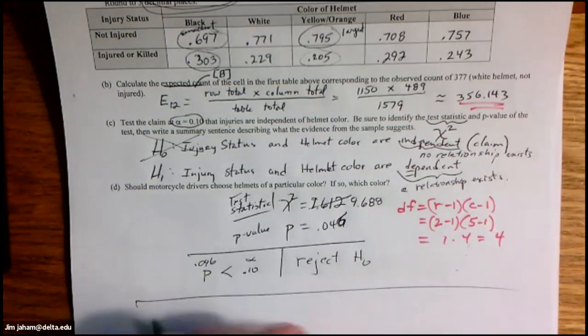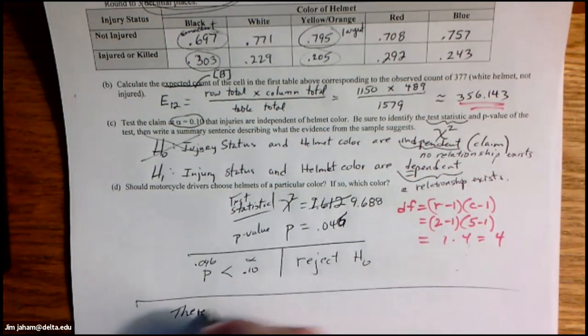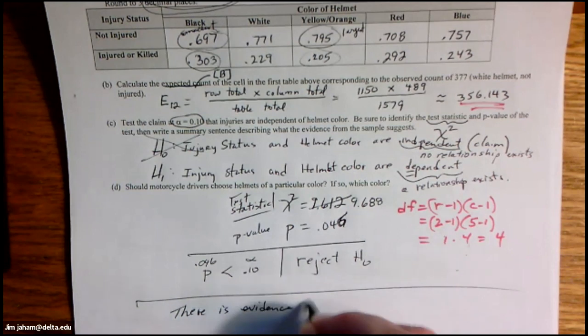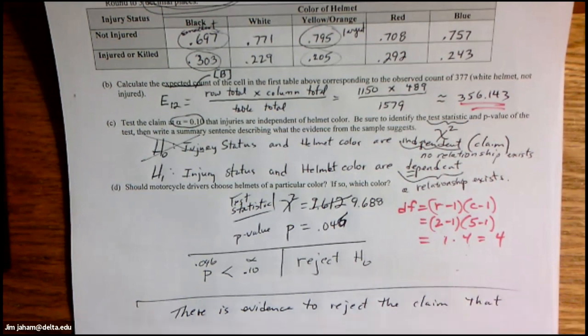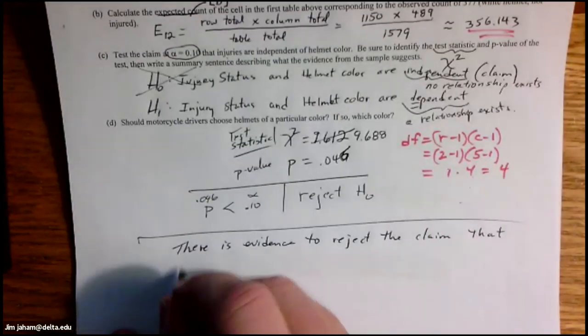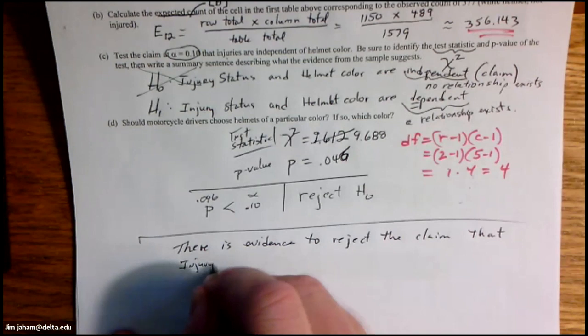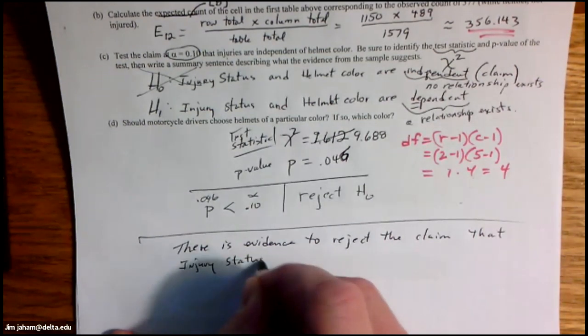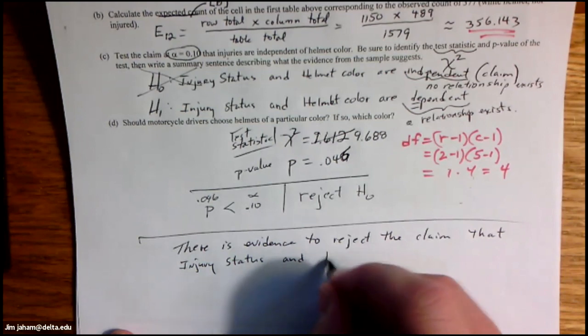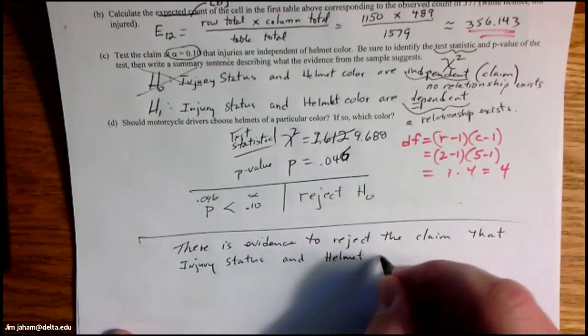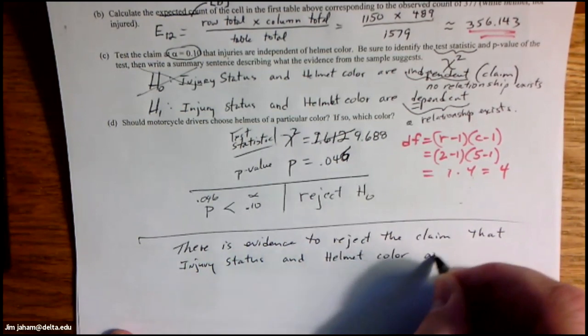So this is another one where we're going to have to say something like, there is evidence to reject the claim that injury status and helmet color are independent.